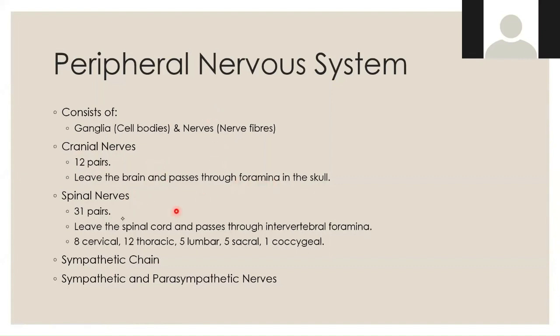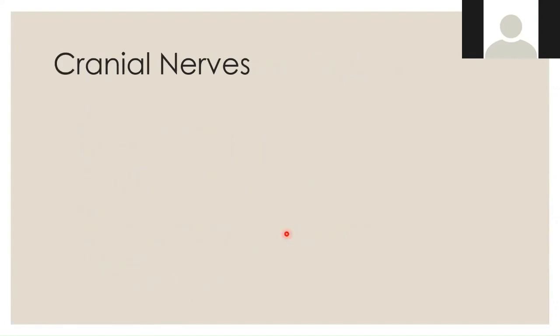Then from the spinal cord, as we discussed, you have 31 pairs of spinal nerves. And these pass from within the vertebrae to the outside of the vertebrae through the intervertebral foramina. Then you also have the sympathetic chain and the sympathetic and parasympathetic nerves.